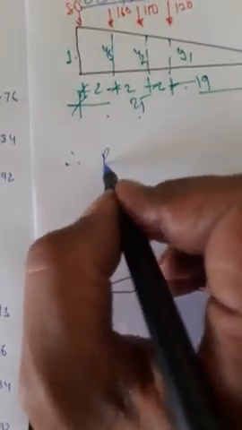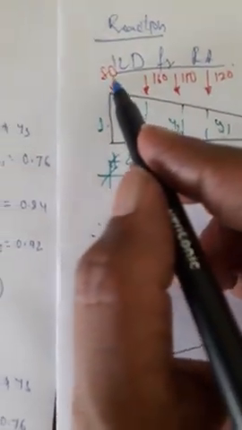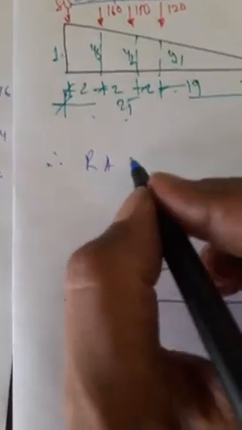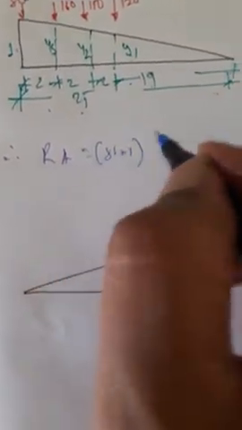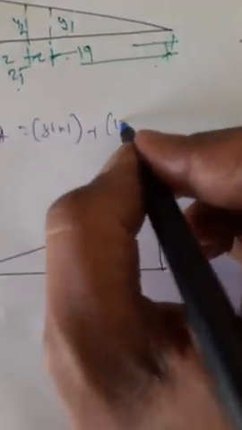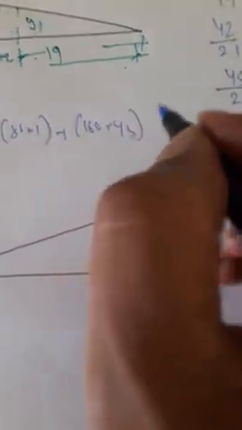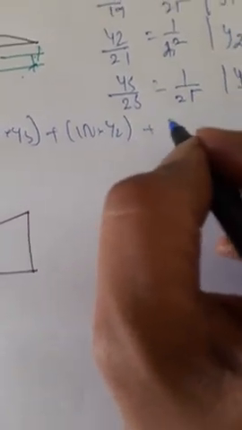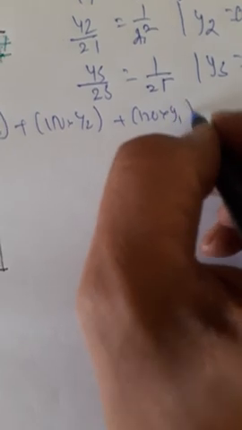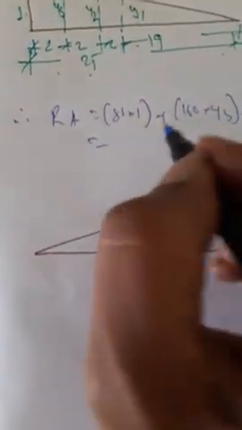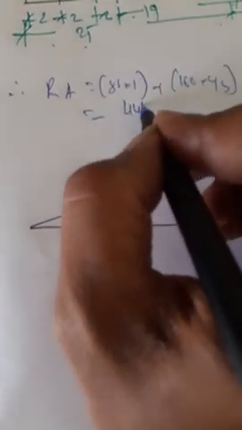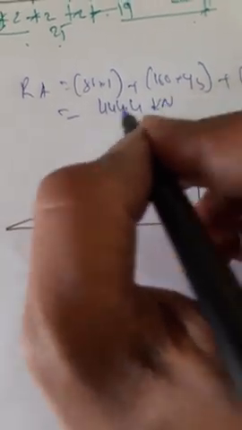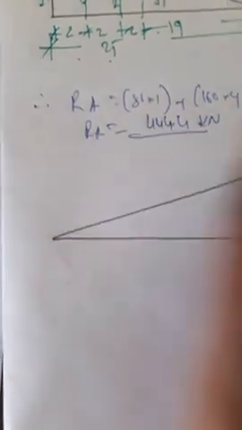Therefore RA is given by load into ordinate. So RA is equal to 80 into 1 plus 160 into y3 plus 150 into y2 plus 120 into y1. Substituting the values, we get 444.4 kilonewtons. This is the value of RA.